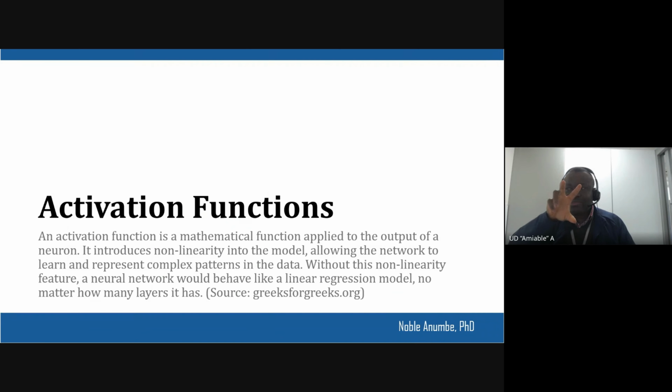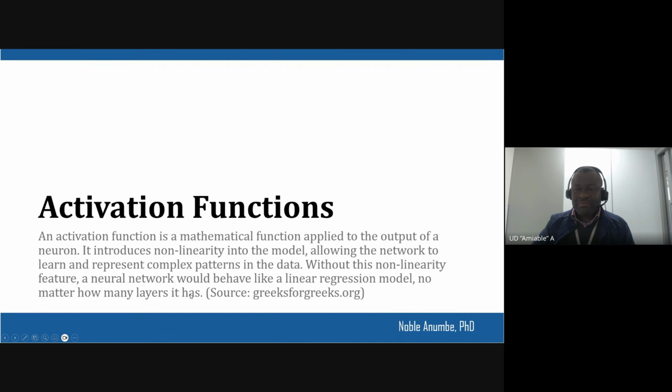That's your output. So it's applied to the output of the neuron. It introduces non-linearity, which is what I was talking about, into the model, allowing the network to learn and represent complex patterns in the data. Without this non-linear feature, a neural network would behave like a linear regression model, no matter how many layers it has, right?